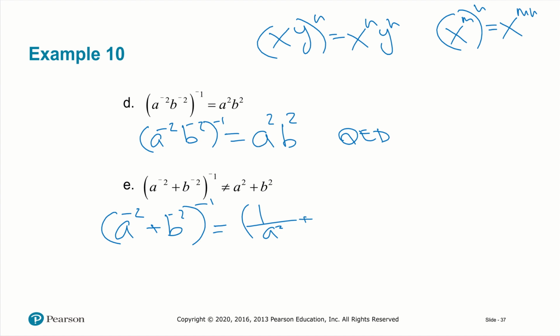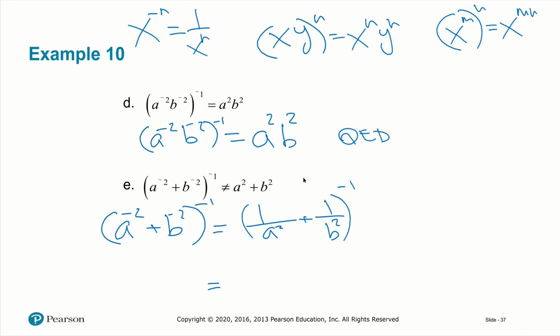And b to the negative 2 can be written as 1 over b squared, and then the whole thing to the power of negative 1. So now what this means is, remember, x to the negative n equals 1 over x to the n.